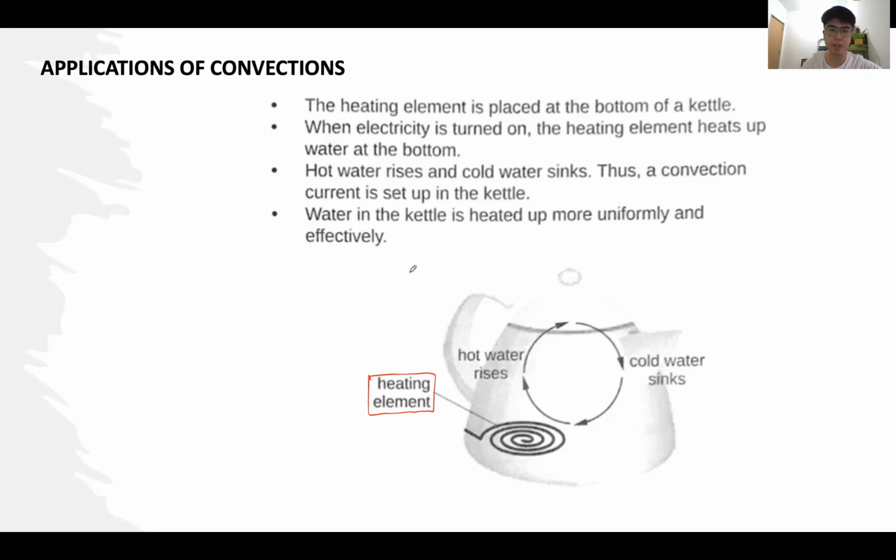Again, it's due to the convection current. I place it at the bottom because I want to create warm liquid at the bottom and cooler liquid on top, so that warm liquid can rise and the cold liquid can sink.